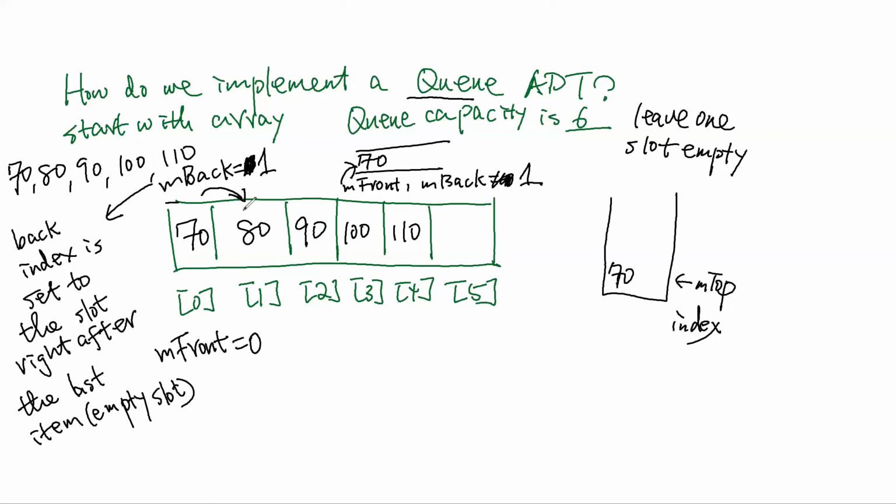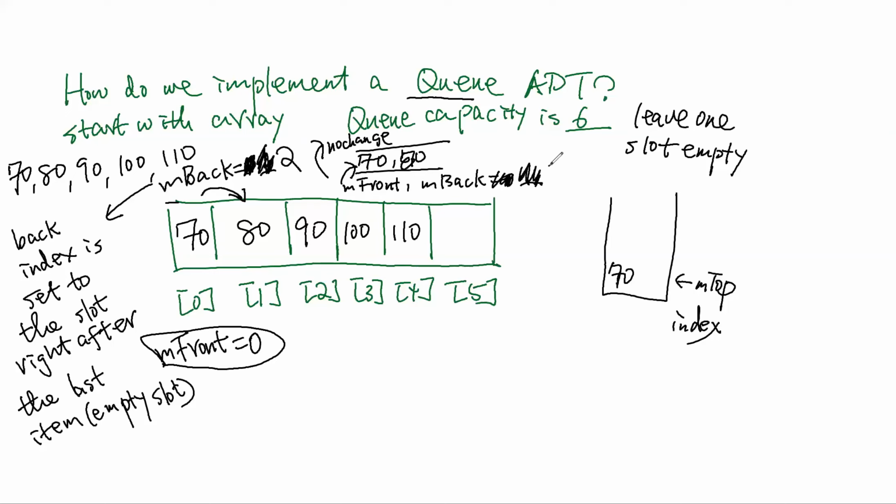Then I add 80 to my queue. Front won't change when you add, but your back index needs to be updated. It needs to point to the next empty slot, so back should be updated to 2.